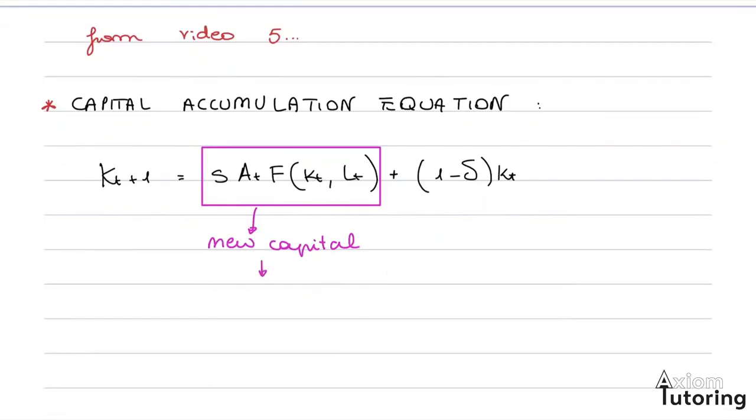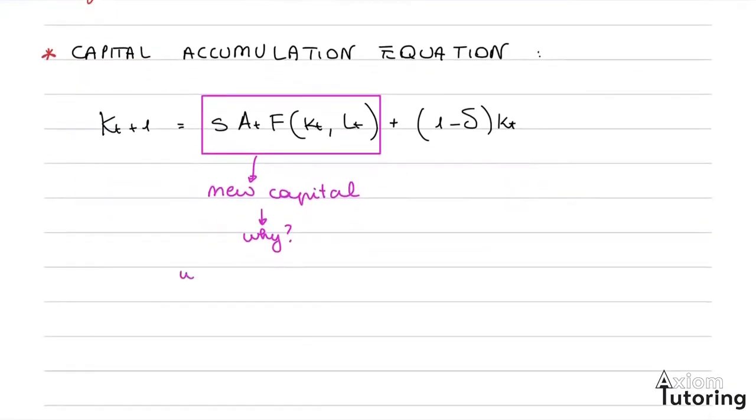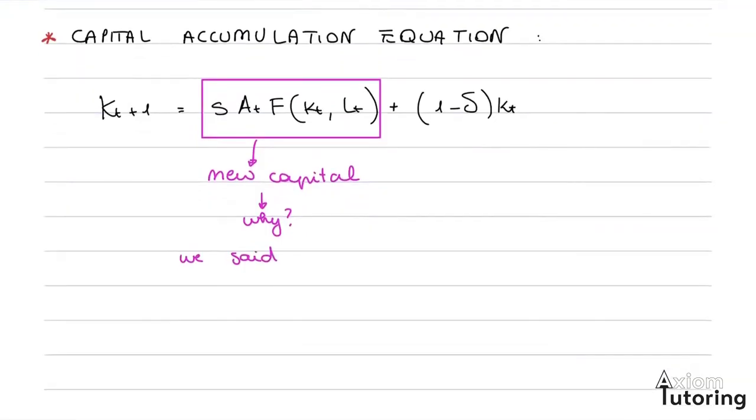Why does it show the new capital? Let's remind ourselves that in such a model we have a closed economy, with no government intervention, and one of the implications of this assumption is that savings in our economy equal the level of investment.